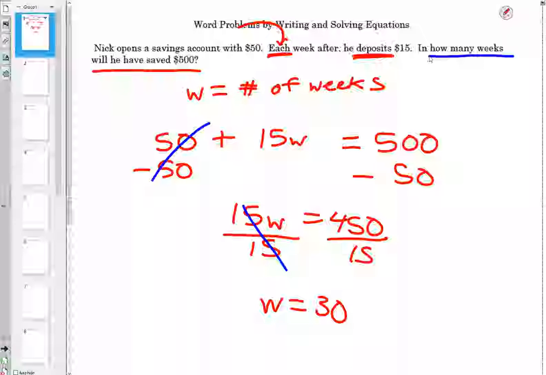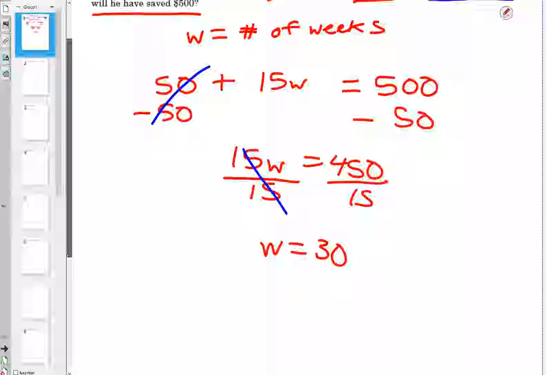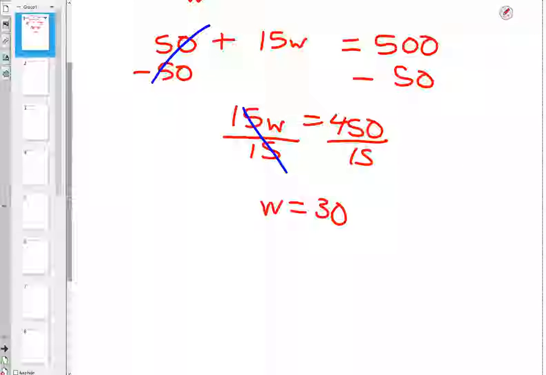There's different degrees of partial credit for this and that. I remember when we had a quiz on systems, which we'll get to eventually, that had word problems on it. Part of the credit revolved around you being able to contextualize the answer. So yeah, W equals 30, that's fine, but since this is a word problem, what does that mean? Being able to take some meaning out of this. So 30 weeks, there we go.